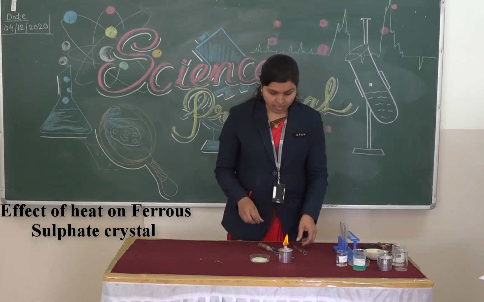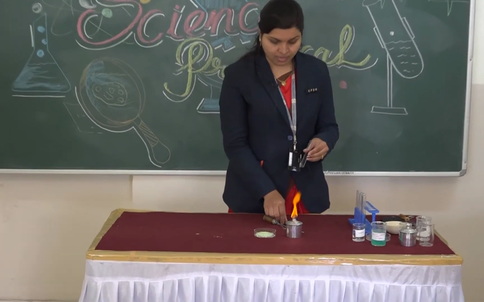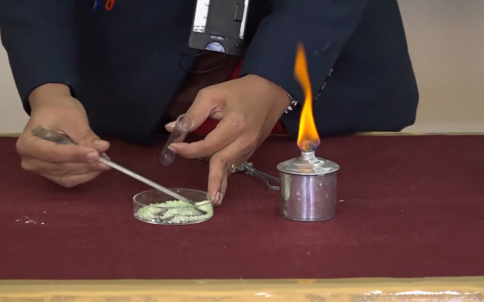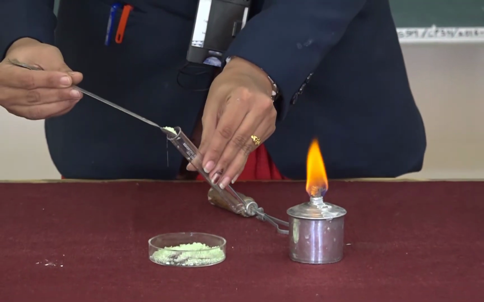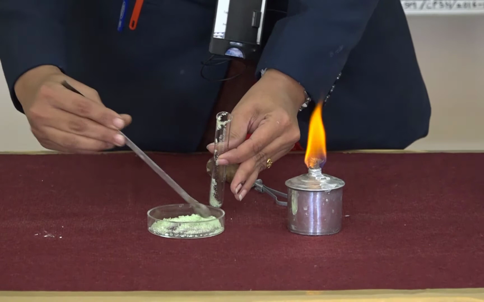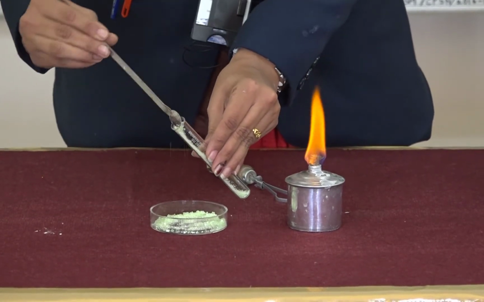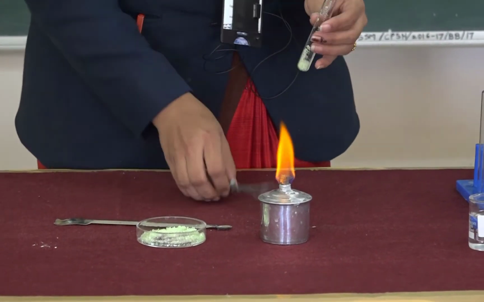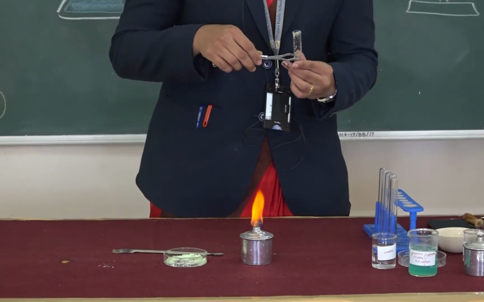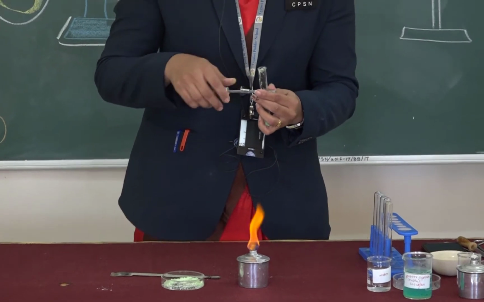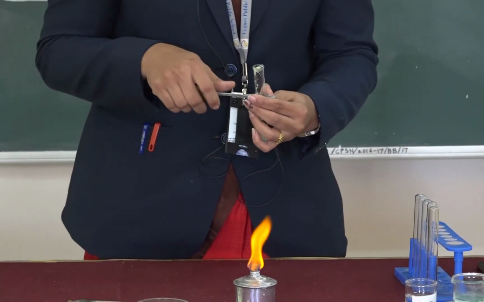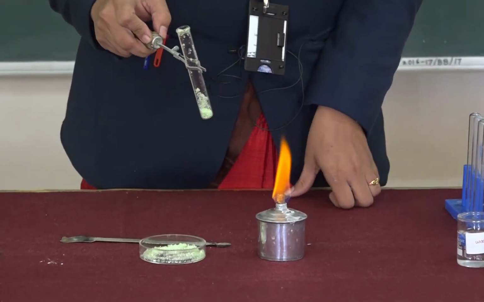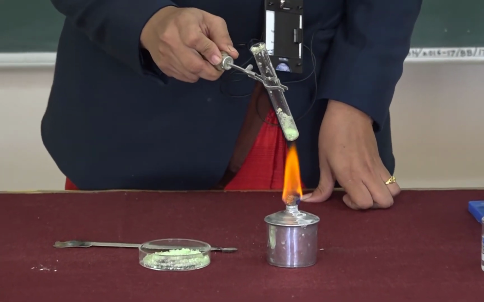So, first of all, take a hard glass tube, take 2 grams of ferrous sulphate crystals in a hard glass tube. Hold this test tube in a test tube holder and heat the hard glass tube and observe the color of this.